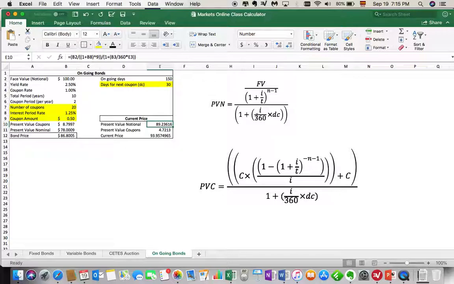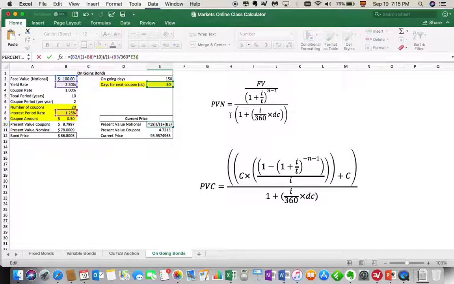If you remember, this specific bond has 20 coupons, which means that the first present value we have to calculate is 19 periods before. So I'm missing a 9 here, okay? All right, so how does this work?